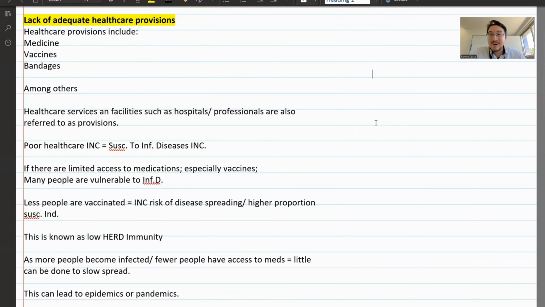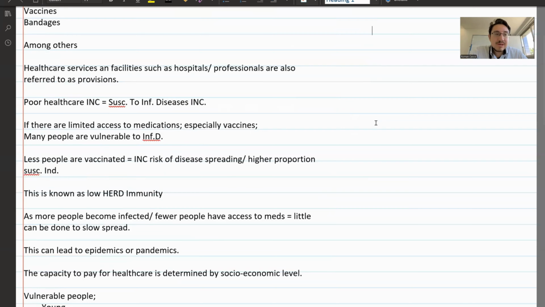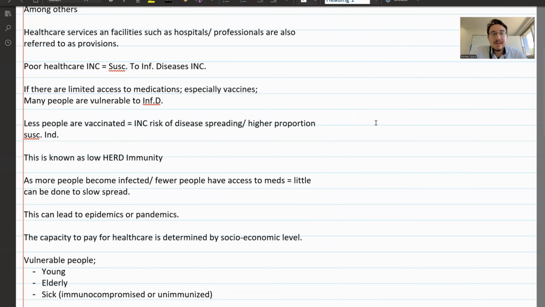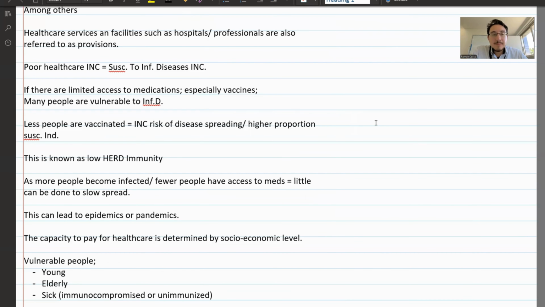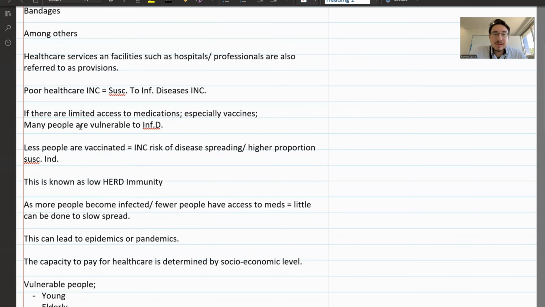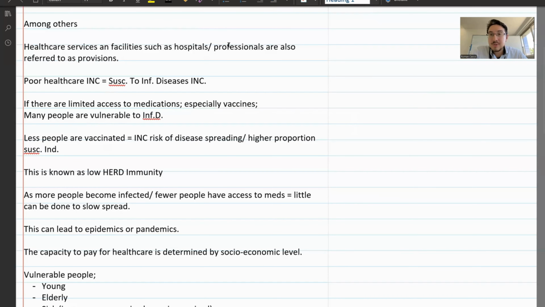So definitely healthcare is very important for the spread of disease, and for maintaining the spread. Healthcare services include vaccines, medicine and bandages, and also hospitals and professional healthcare. They're referred to as provision.